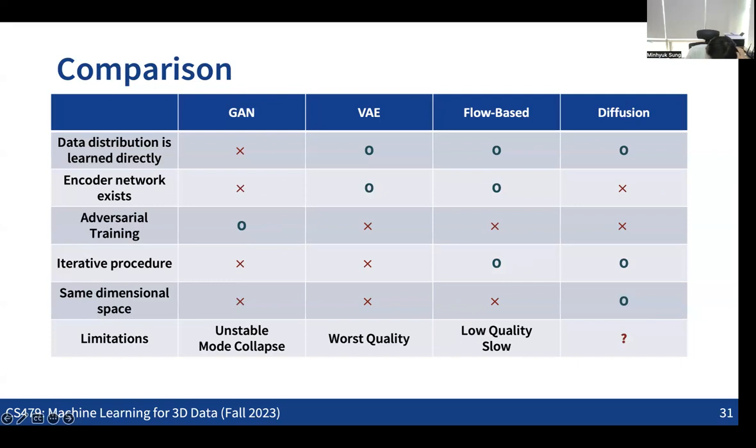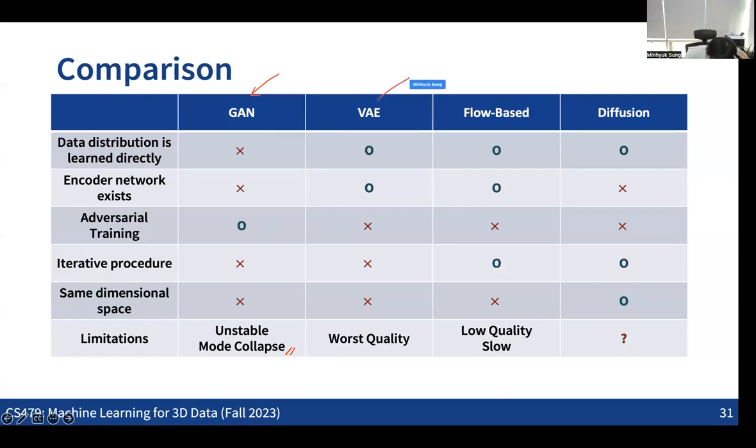And some limitations of each of the previous works: basically the GAN is quite unstable. So you need to be very careful when you train the GAN. Otherwise, in most cases, you can get very bad quality. And we can typically see cases of mode collapse, which is the case that we are not getting the entire diversity of the data that we want to generate.